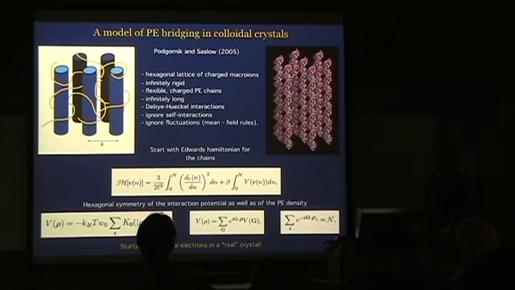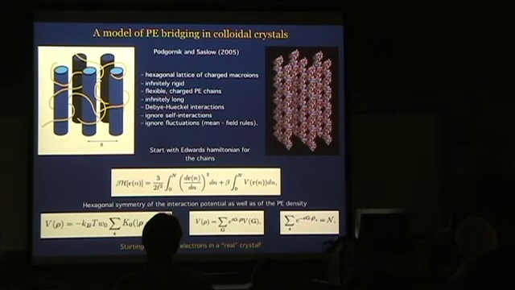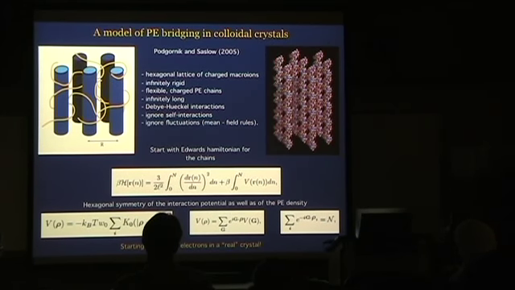The Hamiltonian is, of course, this is the entropy of the chain, this is the interaction potential, and I will assume, to start with, no excluded volume, so there will be no interactions between different parts of the chains, but there will be a strong interaction between polyelectrolyte chains and the oppositely charged DNA.